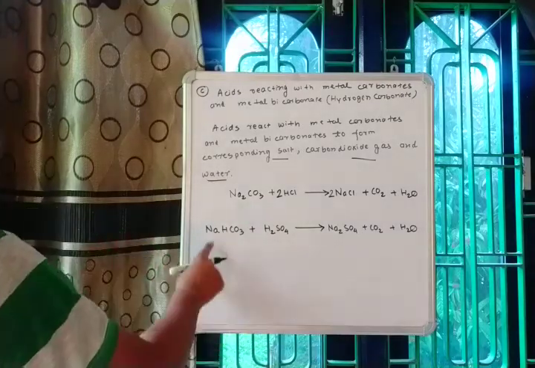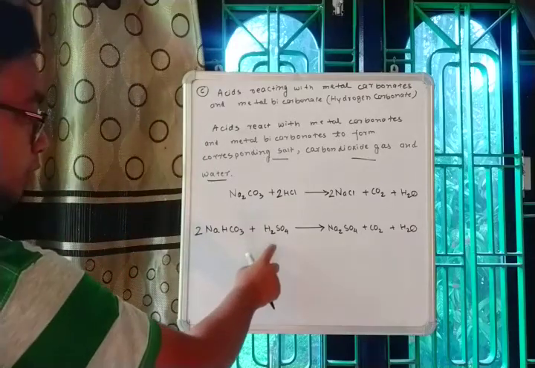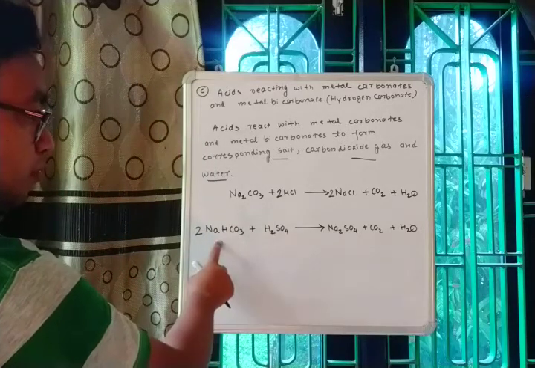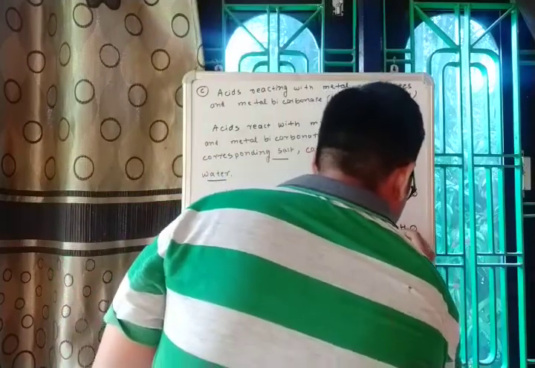Now again the same thing, you have to balance. 2 sodium here, we have 1 sodium there, so let's balance it. Now we have in total 4 hydrogen, 2 from here and 2 from here, and we have only 2 hydrogen on the other side. So to make the balance, what you have to do? Put 2 here.